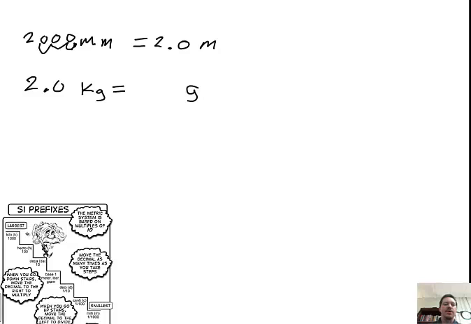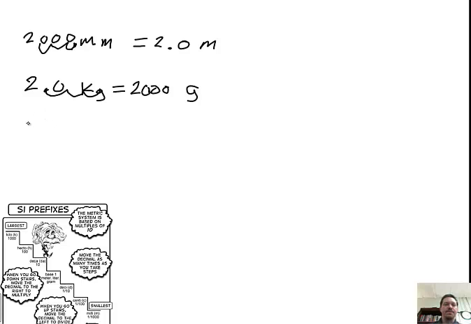That's the same as going 10, 100, 1,000, and we're going down, so we are multiplying. So it's the same as moving our decimal over 3 spots, filling in zeros. So here we end up with 2,000 as our numerical value. So we have 2,000 grams.